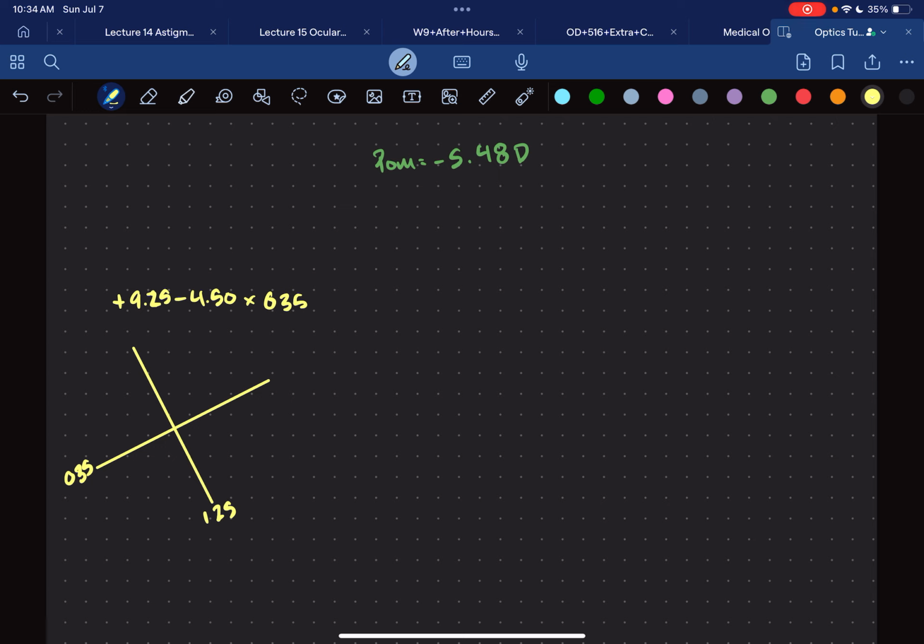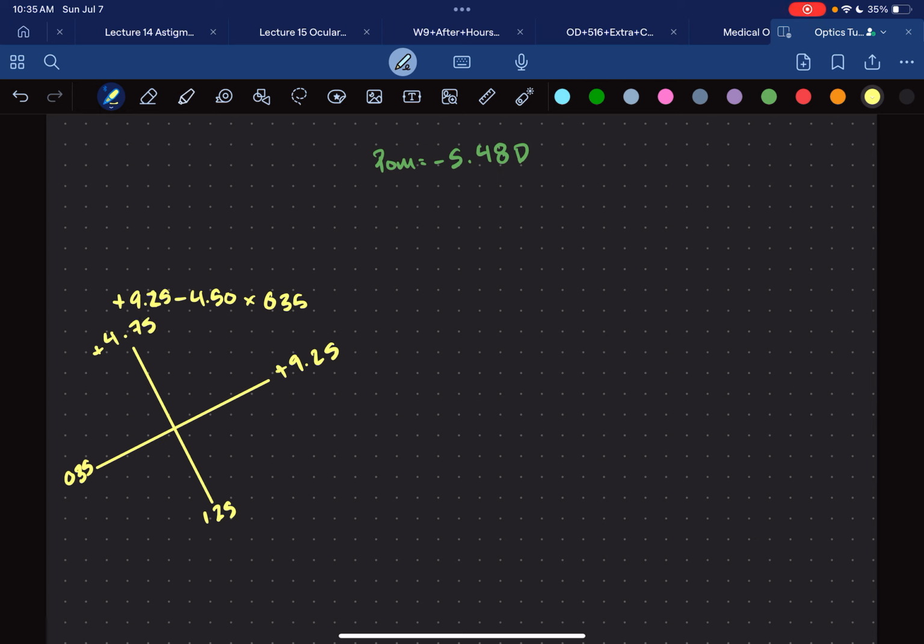Great. And then I'll draw out the cross just for fun, plus 9.25, and then 9.25 minus 4.50, we get a positive 4.75. Okay.